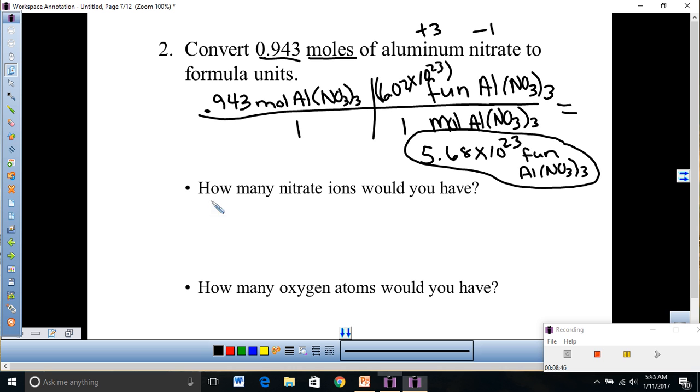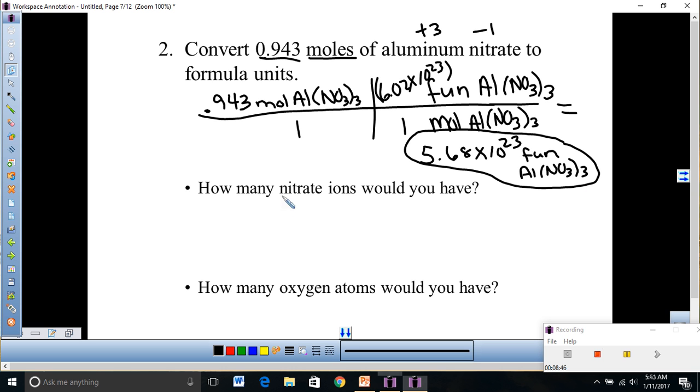Alright, our second question here we do in pre-AP is having us break down into these formula units' individual pieces. Okay, so in a formula, it's got 1 aluminum and it's got 3 nitrates. So every formula that I've got is 1 aluminum and 3 nitrates.